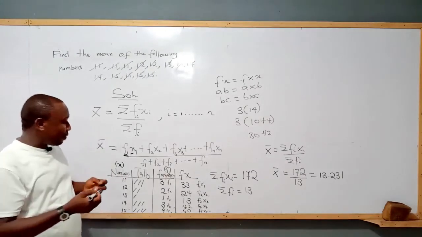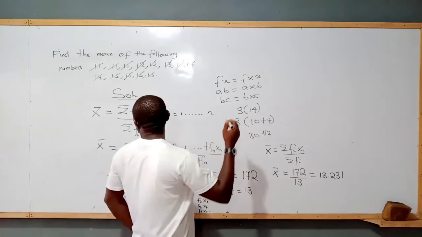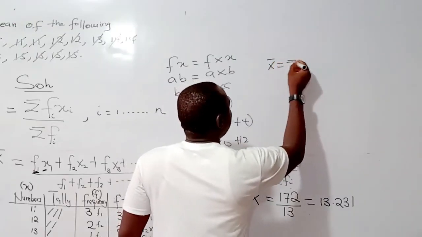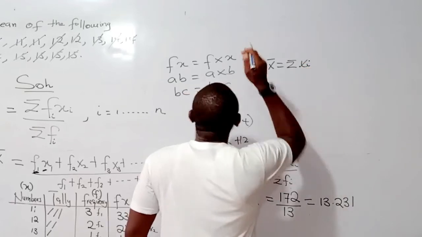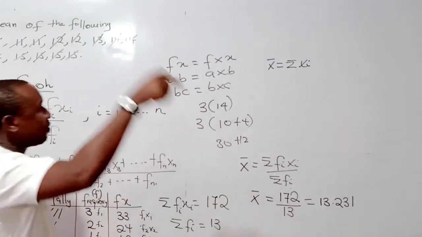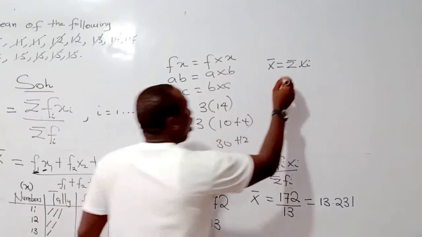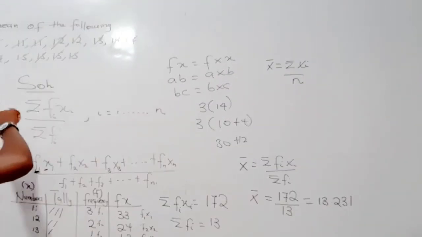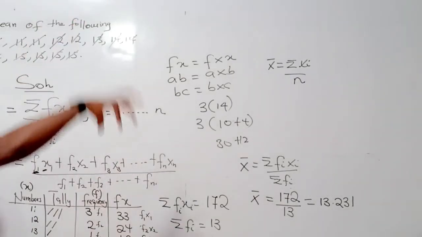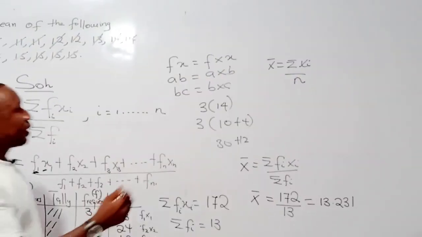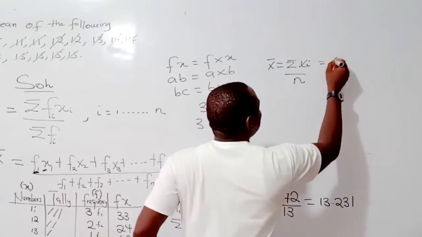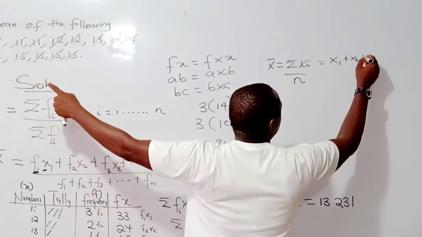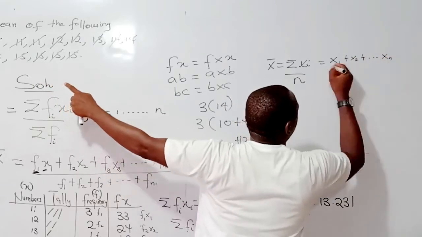By using that formula, it is simply x bar is equal to summation xi's, the individual observations, all over n, that is the number of the observations. This is simply adding all the observations, x1 plus x2 plus up to xn, all over n.